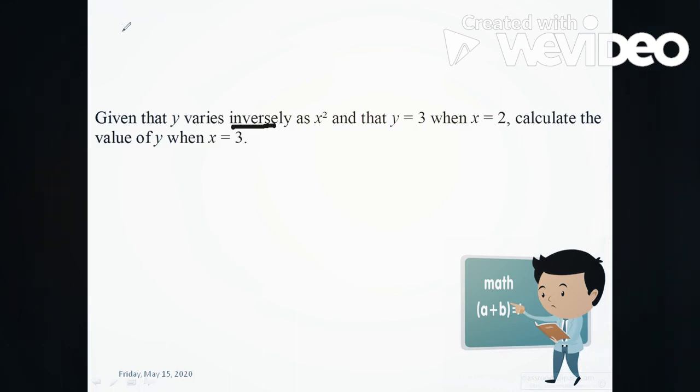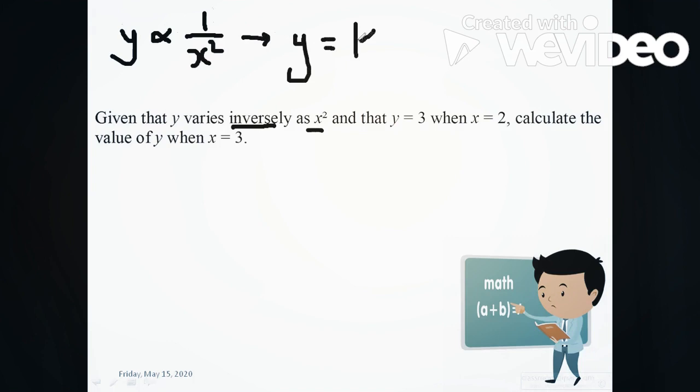So to do this, we say y, we still put the proportional sign, but when it says inversely, we put 1 over whatever they say. So it's y proportional to 1 over, in this case, x squared. So you write x squared. The next step: we replace that proportional sign with an equal sign and put k for the constant of proportionality.